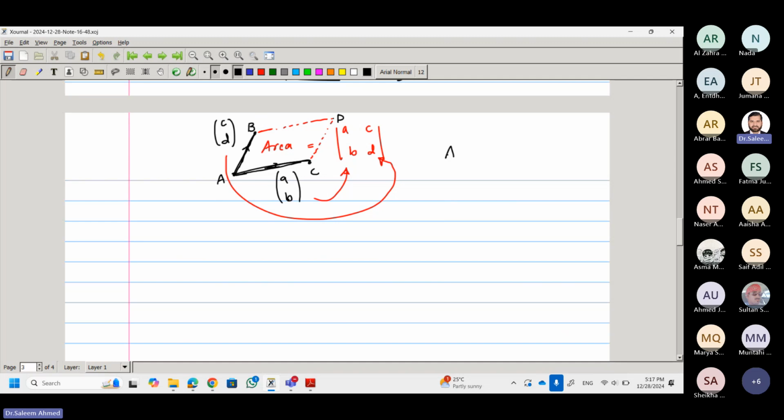Okay, so how do we find vector AB? Basically, you subtract the points x1 minus x0, y1 minus y0, if 2 points are given.